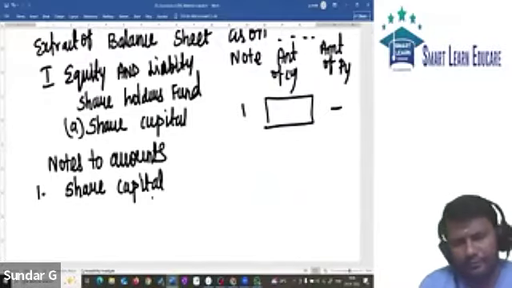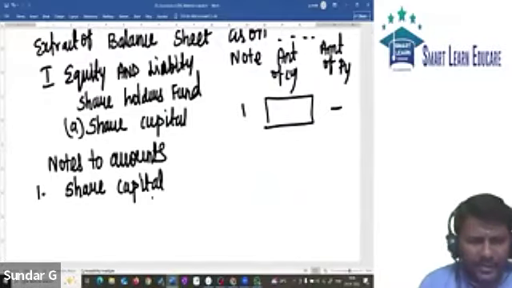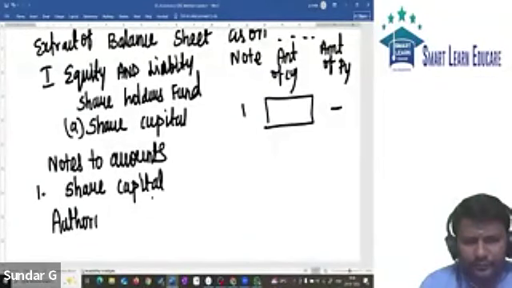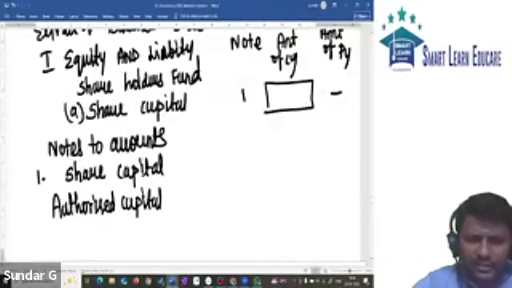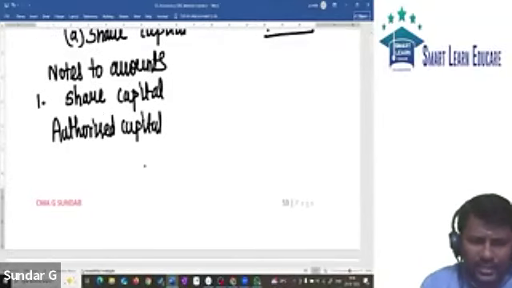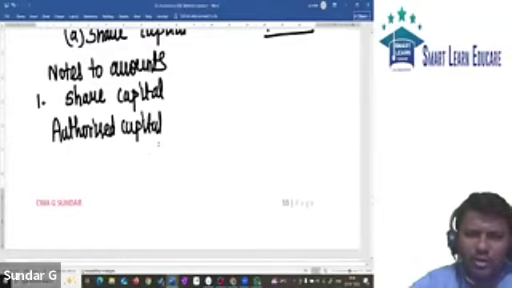Note number 1. The maximum capital we call authorized capital. You should write first the number of shares, then the rupees. How much is the authorized capital?